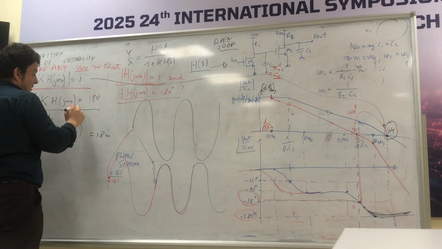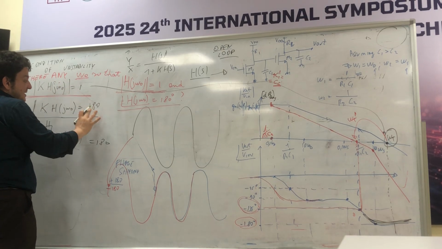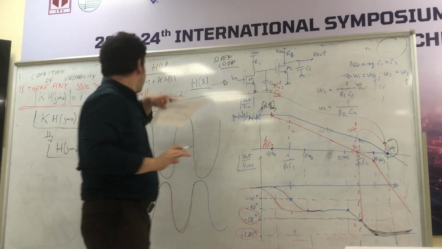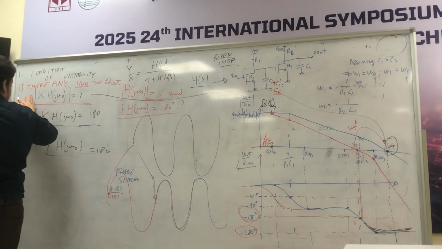So, this should never happen because this is the condition for which this diverges, okay? This diverges. So I always want to be far from this condition.